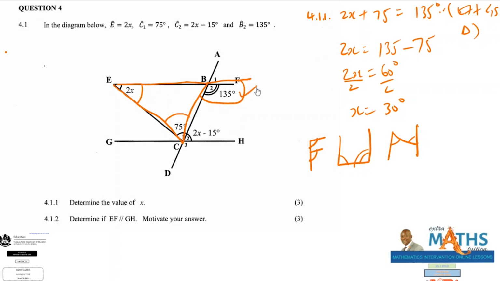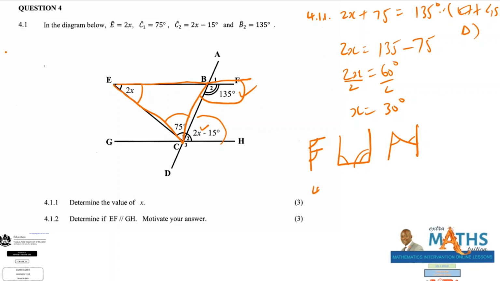Okay, I have this 135 and I've already calculated the value of x. It means if I can find this angle, when I add these two angles, and if they give me 180 degrees, then these lines are parallel to each other.